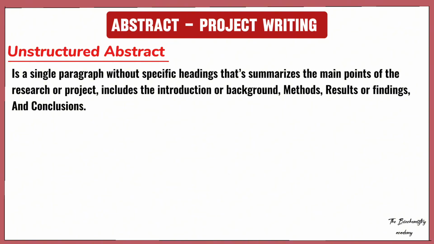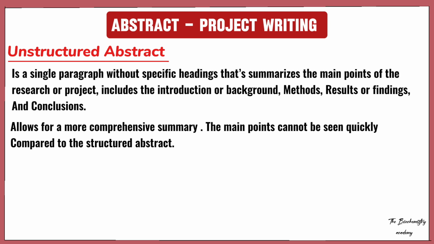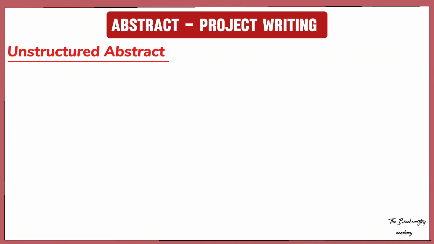Now all these are summarized in one paragraph. Now, the unstructured abstract allows for a more comprehensive summary. Now, the main points cannot be seen quickly as compared to the structured abstract. Now, an example of an unstructured abstract looks like this.